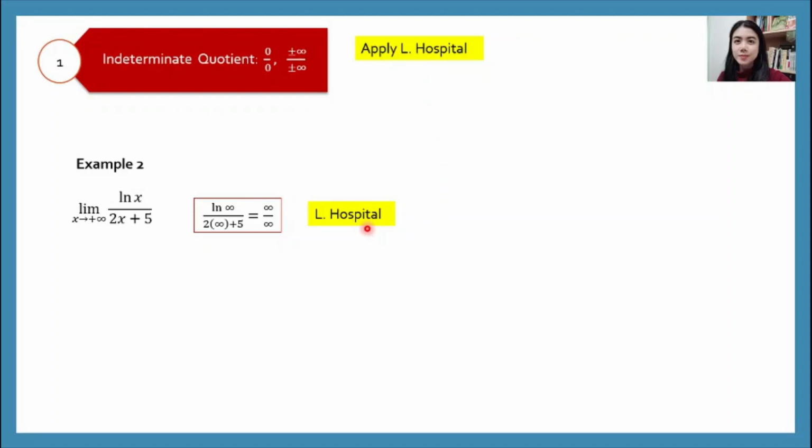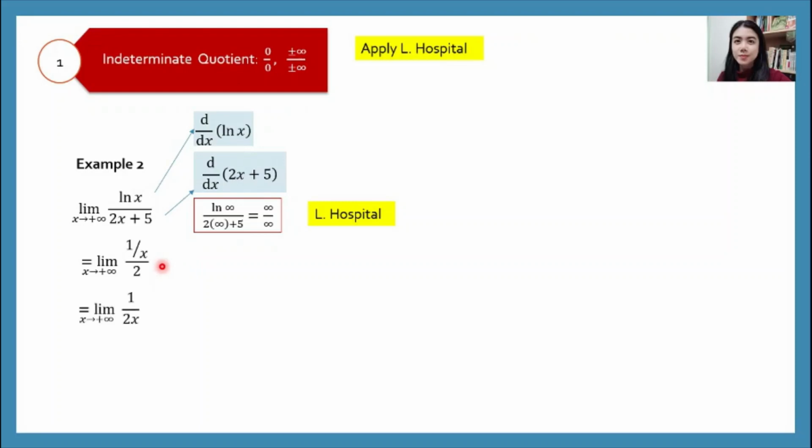So we're going to apply L'Hopital. You differentiate the numerator and the denominator. If you differentiate this one, you will have 1 over x, and if you differentiate this one, you will have 2. So we have the next line, and then you have to simplify them. When you simplify them, you have the third line.